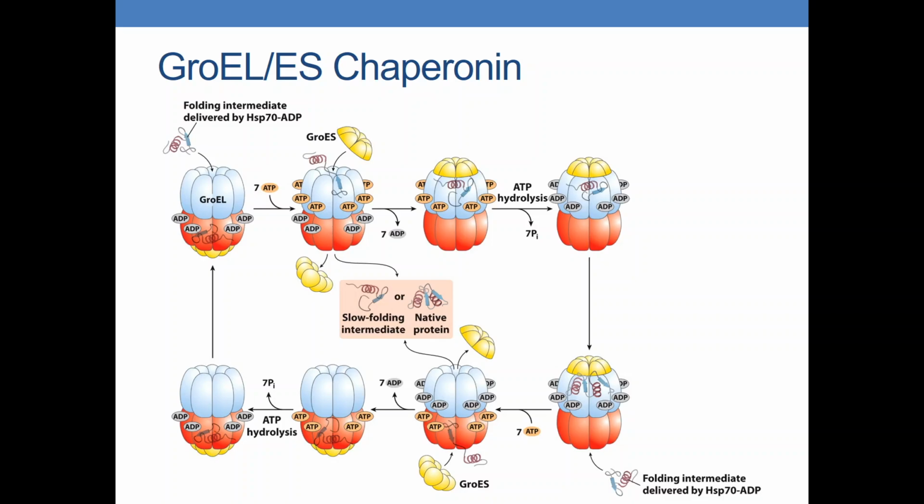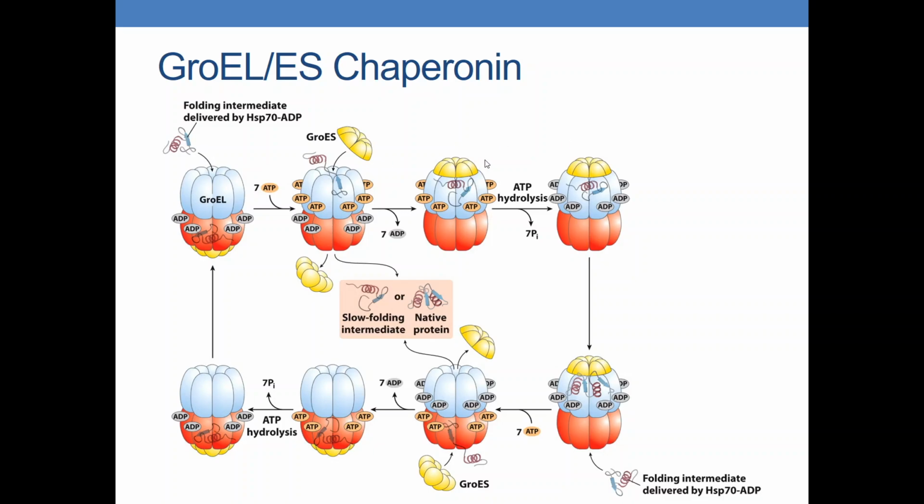Okay, so binding of this substrate is going to trigger dissociation of your GROES cap from the other end, which then allows for ATP binding at the protein substrate bound end. ATP binding triggers a conformational change, which then allows for GROES, the cap, to bind on that end as well.